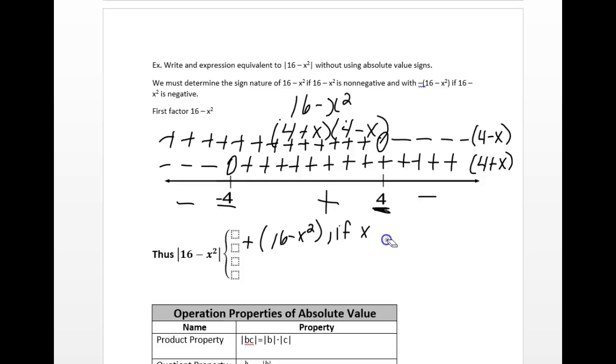Right, it's in between. It has to be greater than minus 4, but less than 4. So we'll put our x in the middle, and we'll say it has to be greater than or equal to minus 4, and less than or equal to 4.